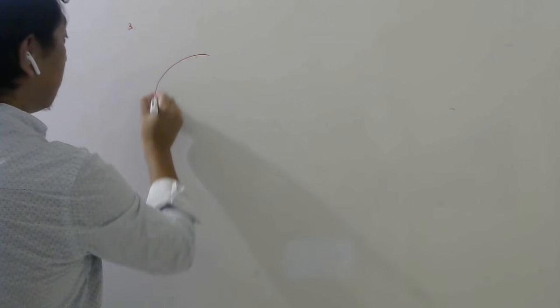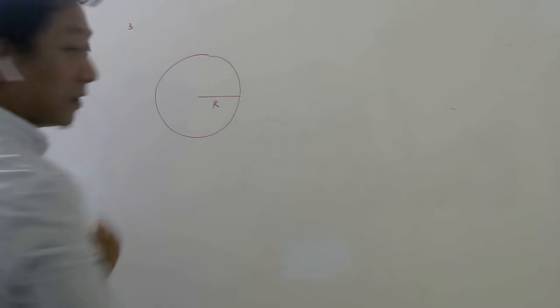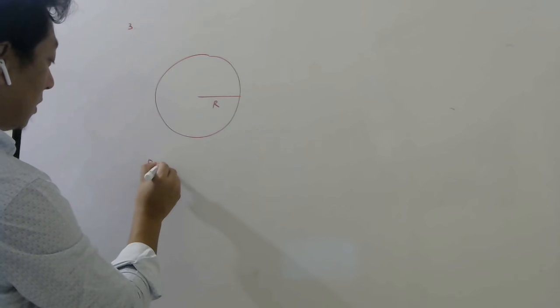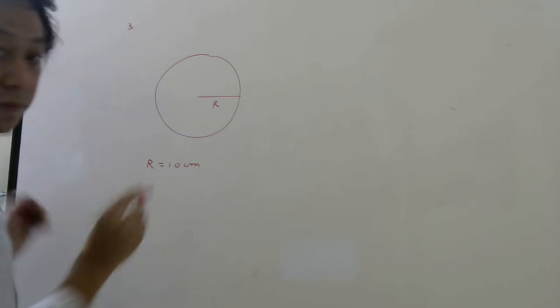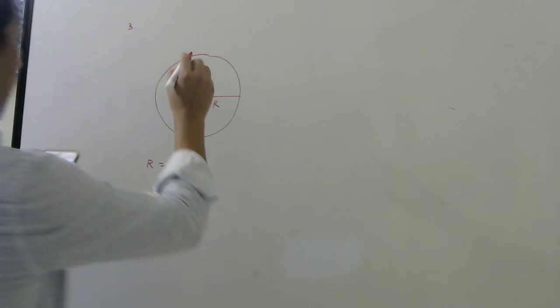Let us see question number 3 now. A conducting sphere of radius 10 centimeter has an unknown charge. Okay, so there is a conducting sphere. Radius is capital R, let's say, which is given as 10 centimeter, and it has an unknown charge.